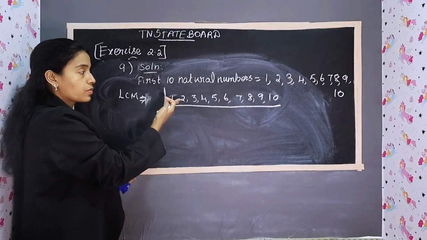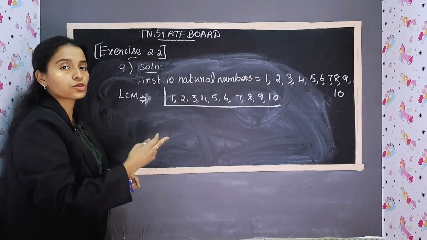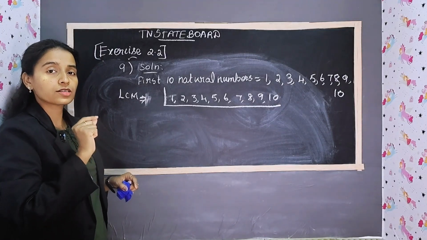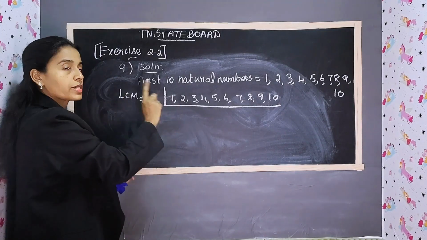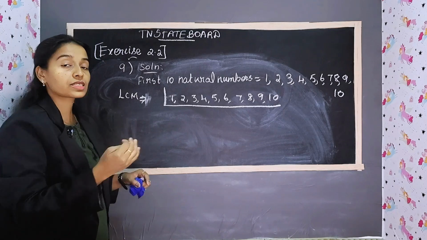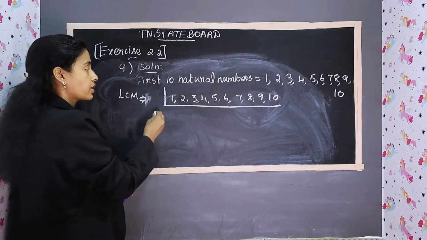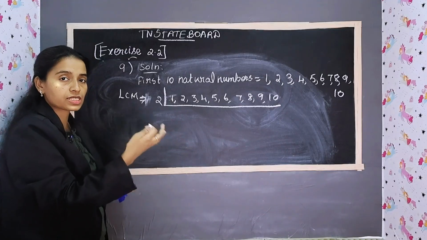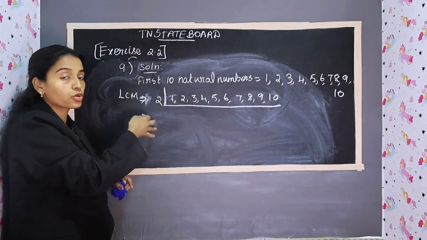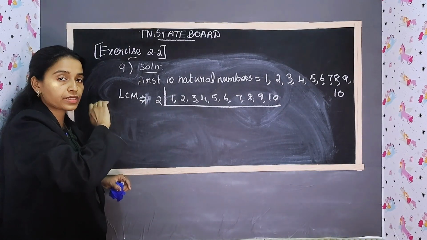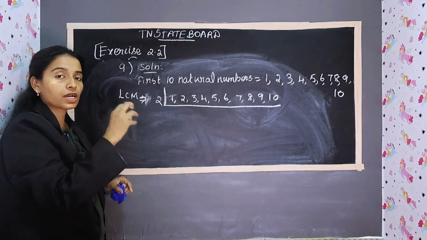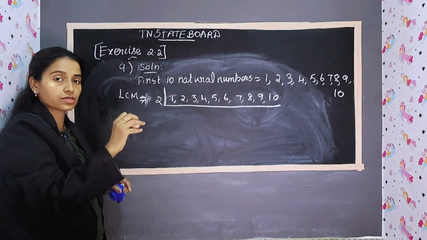I'm going to make this 2 into number 1. So for that, what we have to do? We need to divide this 2 by 2. Then I can take the smallest number 2. Whatever number is getting divided by 2 completely, we have to divide that number. If it is not, we have to write the number as it is.